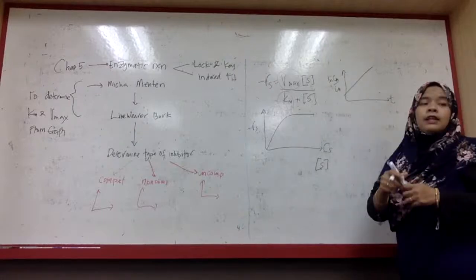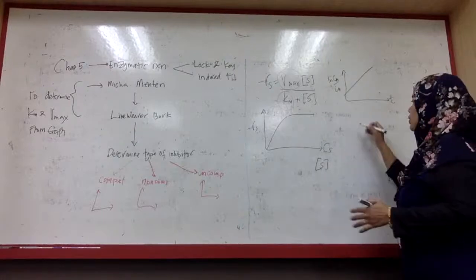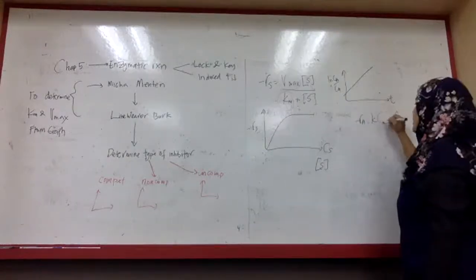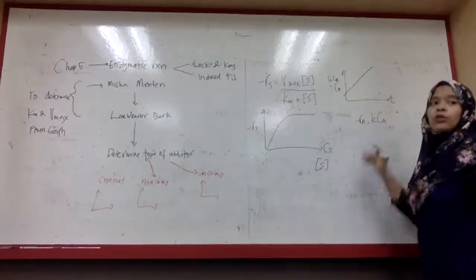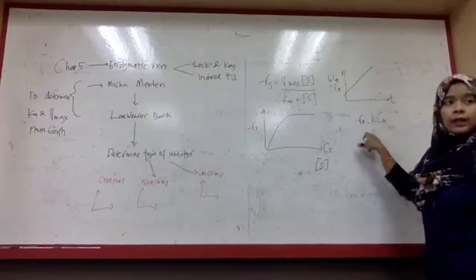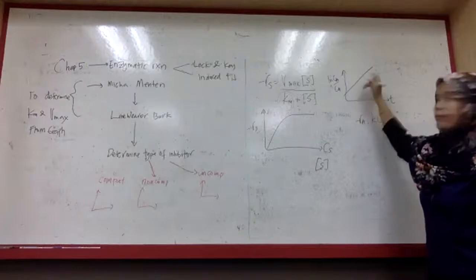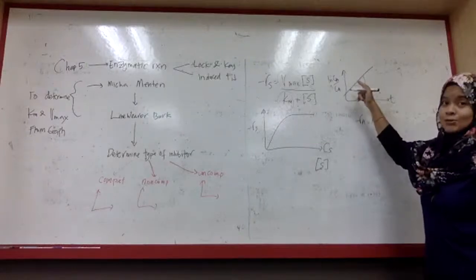Then if it is first order, you get kCA, so you wanted to know what is the k. So the k can be determined from the slope. This is still Reaction 1 earlier.